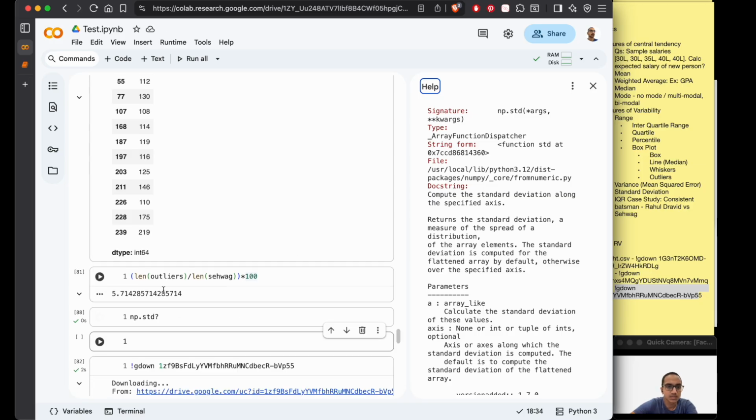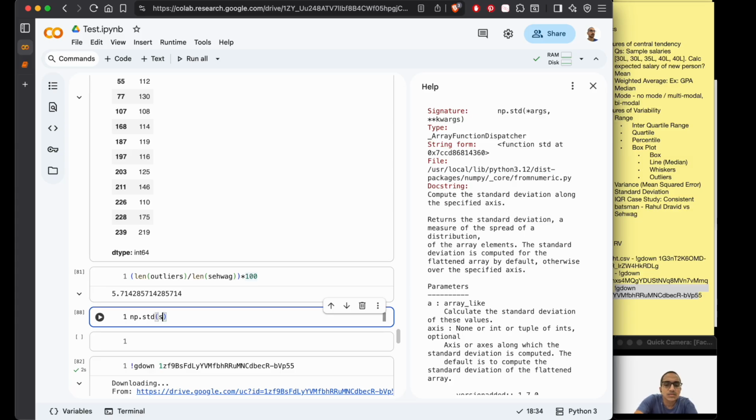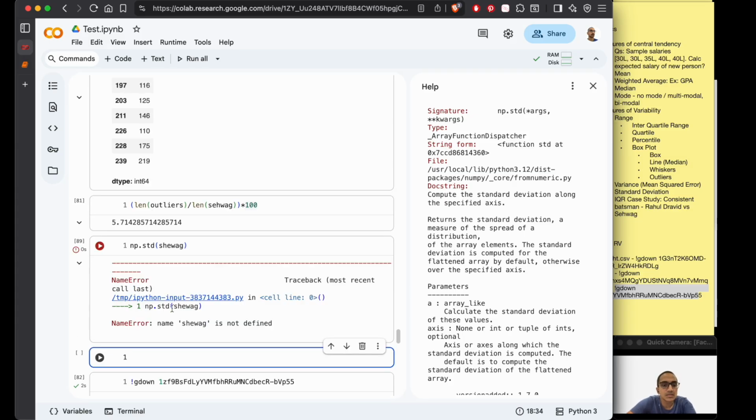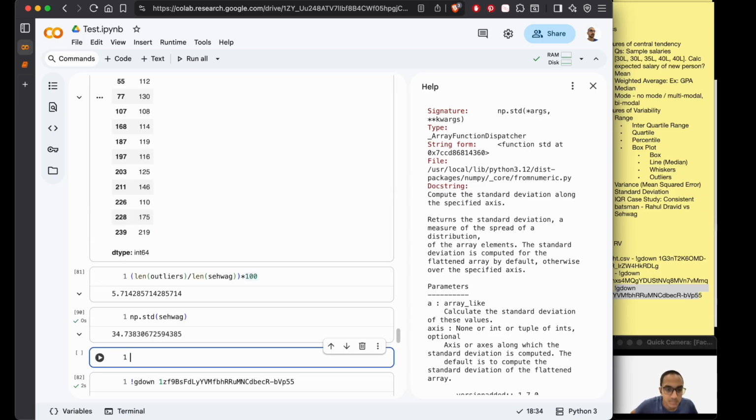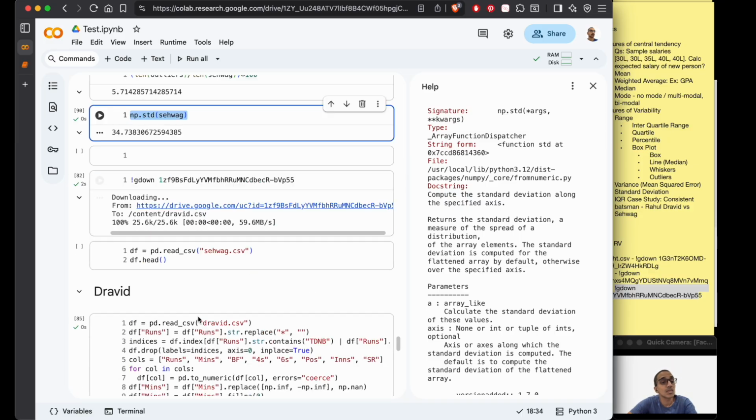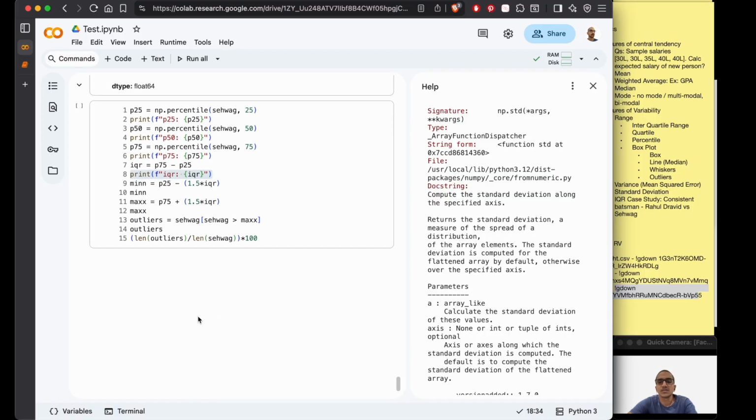We just pass the values. So maybe if I just pass Sehwag, nope. Okay, so we got the standard deviation as well. Nice. I don't think I have to do any more computation there. We won't need variance here because standard deviation tells us what we need.